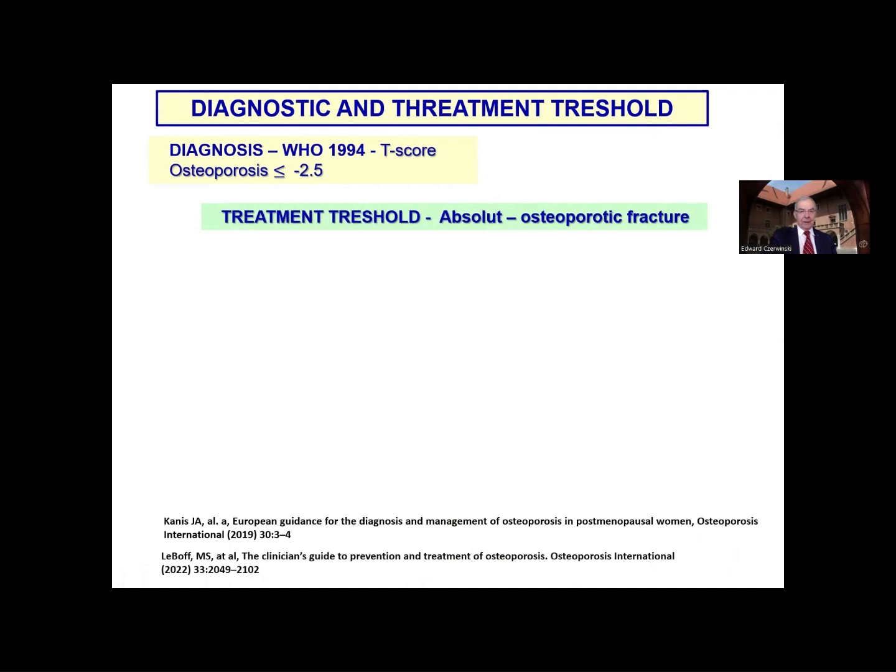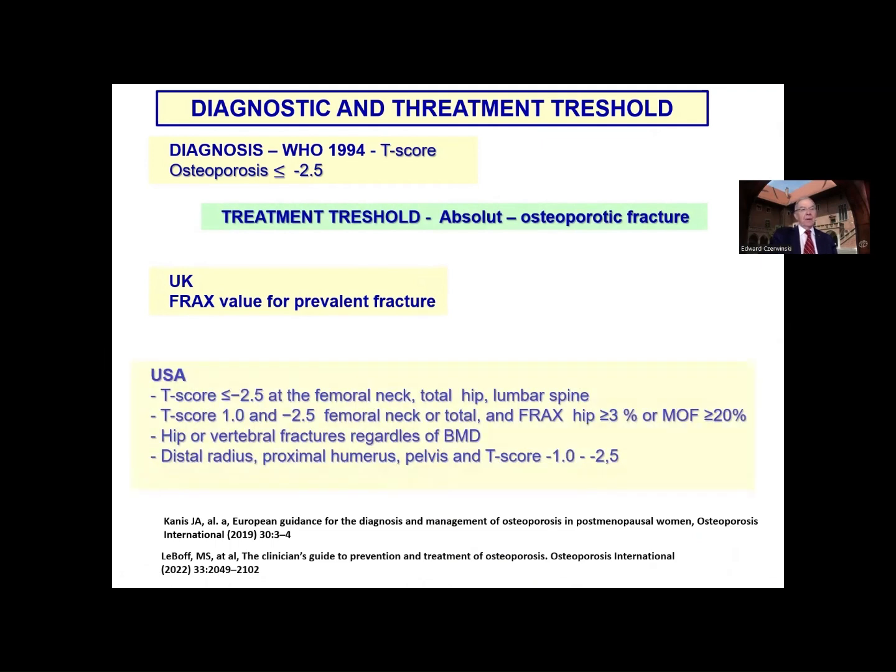If a lady has a fracture, she has osteoporosis, she must be treated. In any other situation or with risk factors, the UK uses just the FRAX value, because now it includes almost all possible fracture risk factors.